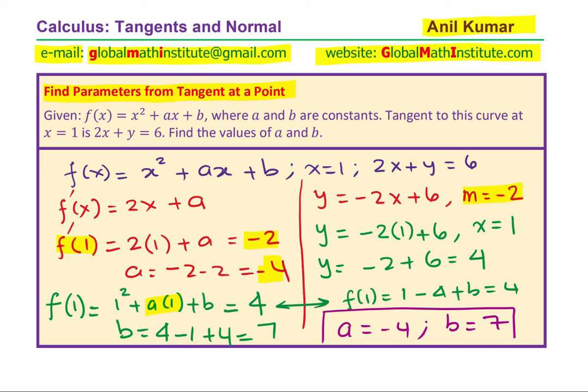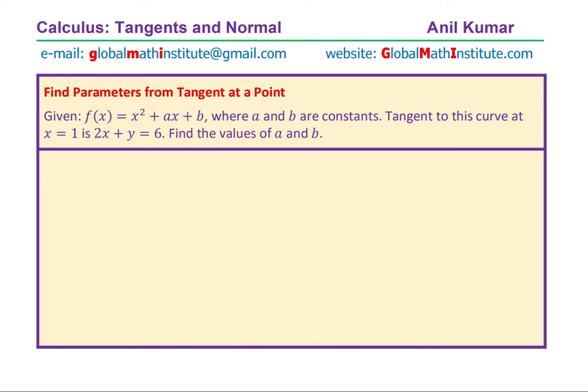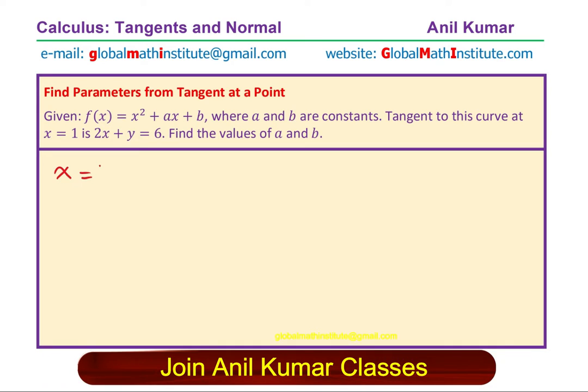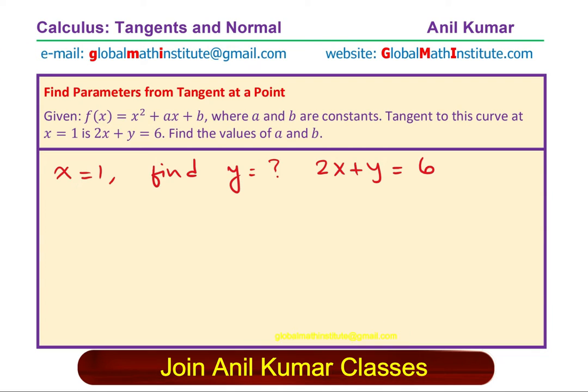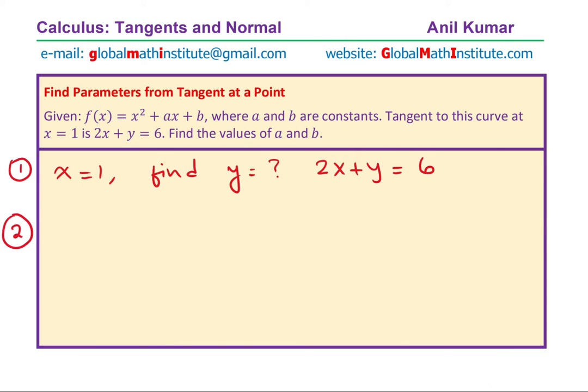So I hope the steps are absolutely clear. So let me jot down these steps very clearly once again for you. Since we are given x equals 1, find y using the equation of tangent itself, which is 2x plus y equals 6. That is step number 1, right? And step number 2 is, once you find y, you know the point.